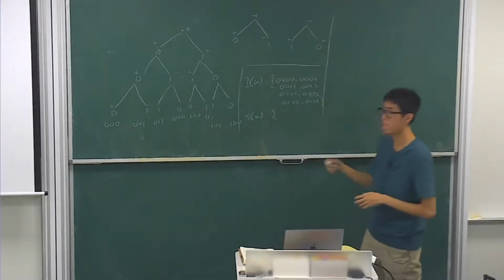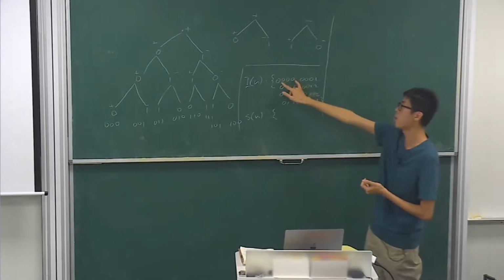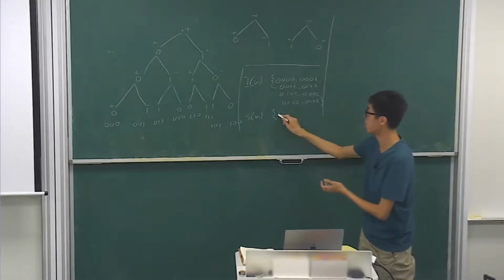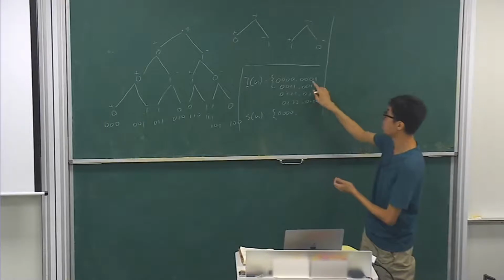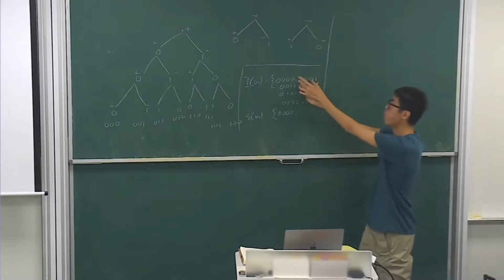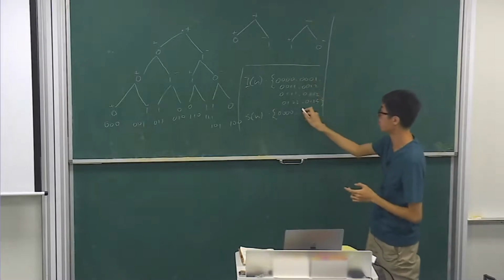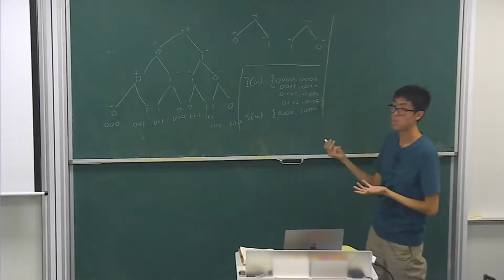What this set does is that we put all the 0s at the back. This one stays the same. But for this one, we put the prefix of 0s at the back, which will be something like this. Makes sense?